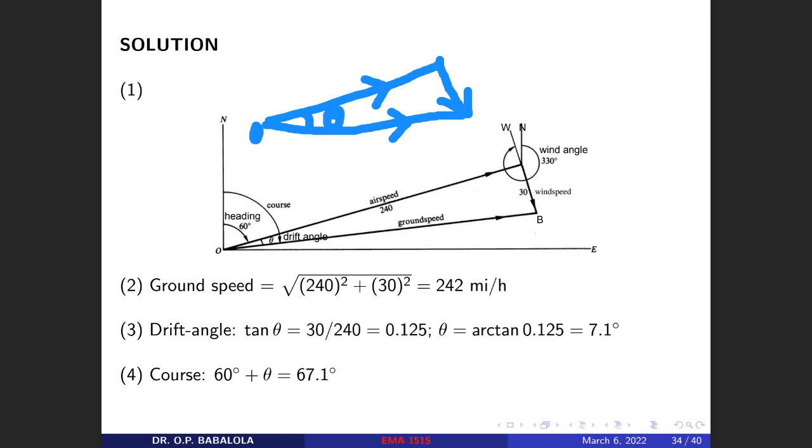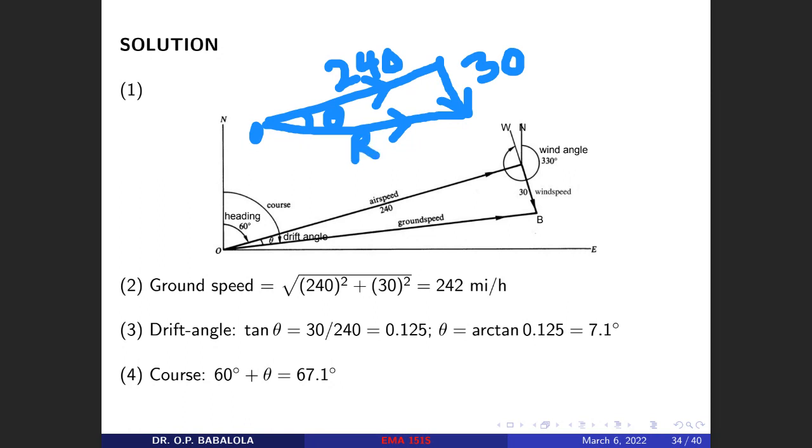We don't know what the drift angle is. We only know this side, 240, and this side, 30 miles per hour, and we are told to find R, this side.